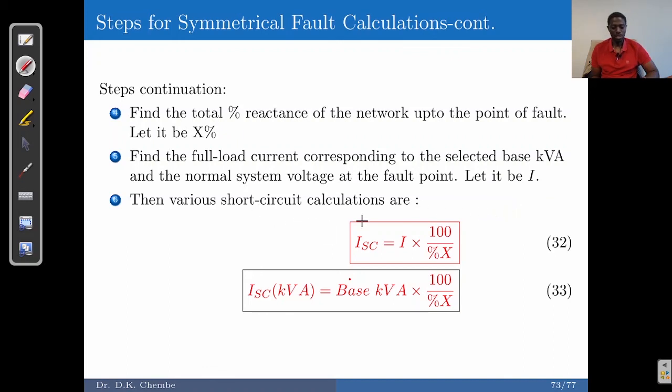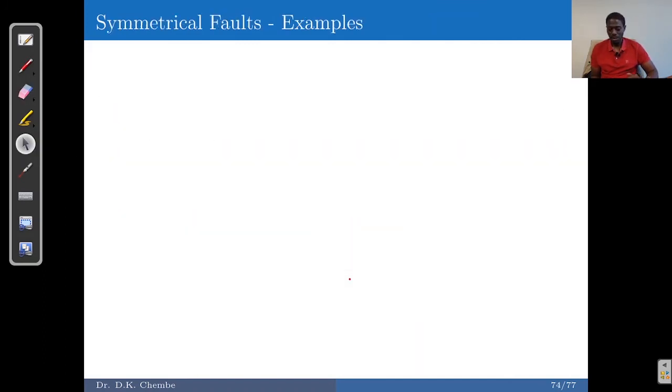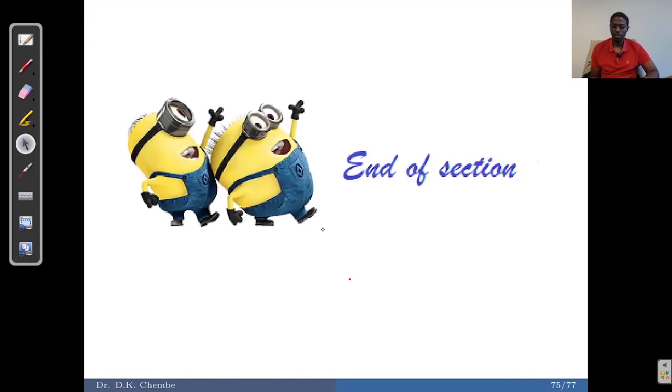Then the various short circuit calculations can be obtained using these two formulas, which I have demonstrated before. And this is how you are going to solve for the short circuit currents. I'll run you through in the next video. I'll show you examples of how we calculate symmetrical faults.